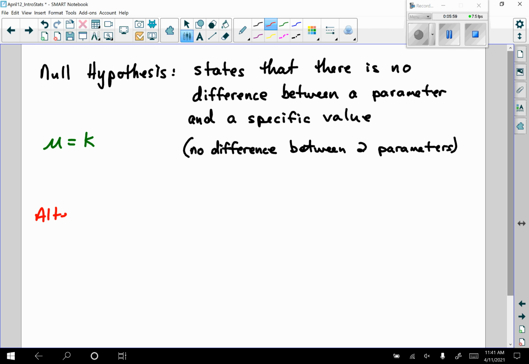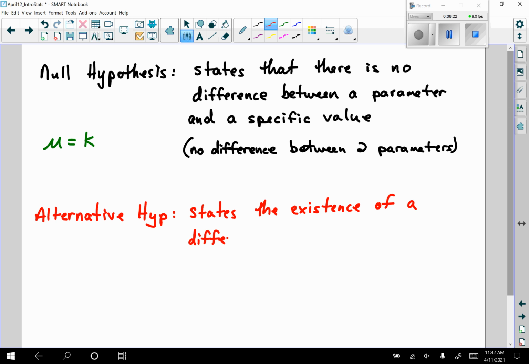The alternative hypothesis states the existence of a difference between a parameter and a specific value, or that there's a difference between two parameters.